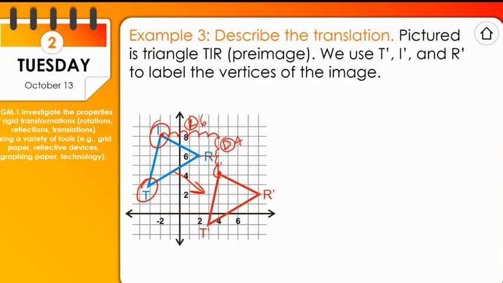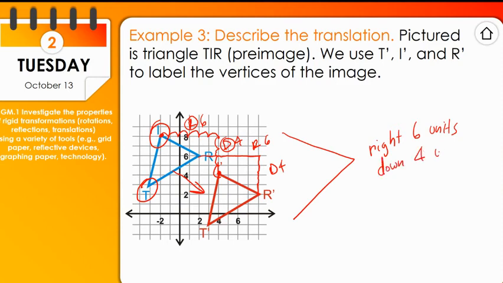R, 1, 2, 3, 4, 5, 6, down 1, 2, 3, 4. Right 6, down 4. So the description is right 6 units, down 4 units.